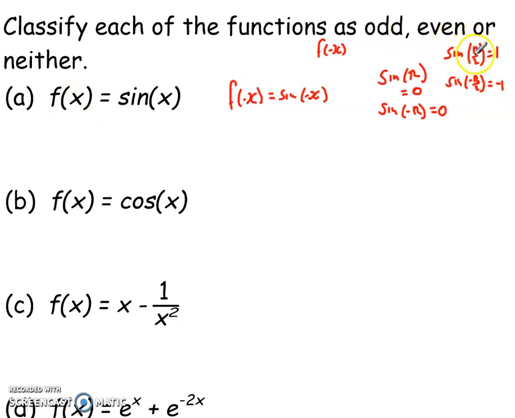So what that means is if I take my pi by 2 as being x, sine of negative x is equal to negative f of x. So f of negative x equals negative f of x for the sine curve. So I can then say that sine of x is odd.